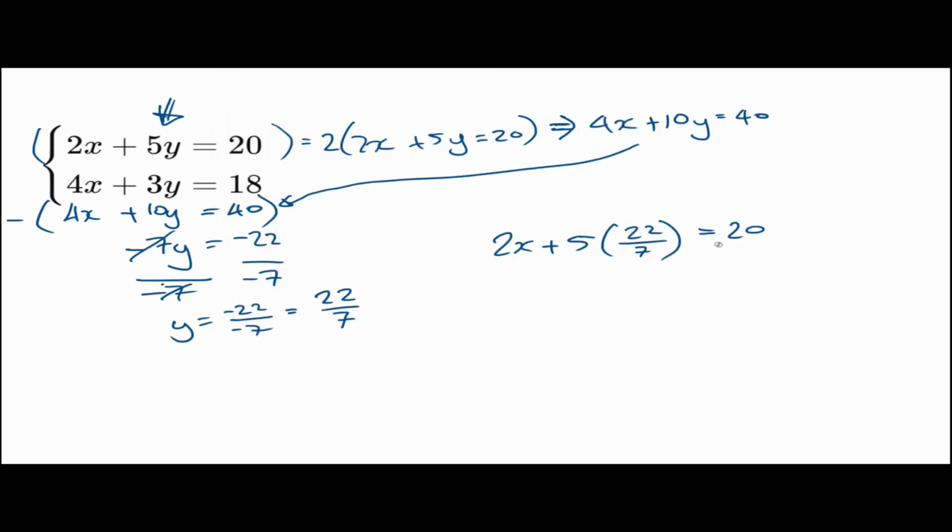Okay. So 2x plus 110 equals 20. I'm going to take 110 from both sides. So 2x equals minus 90. So x equals minus 45.